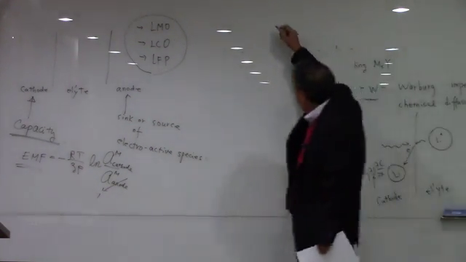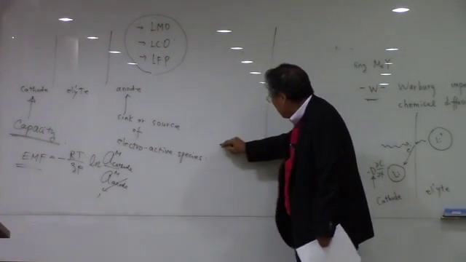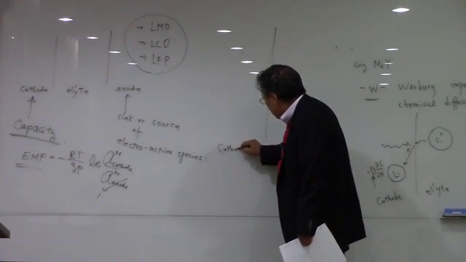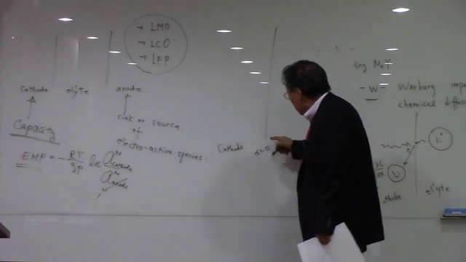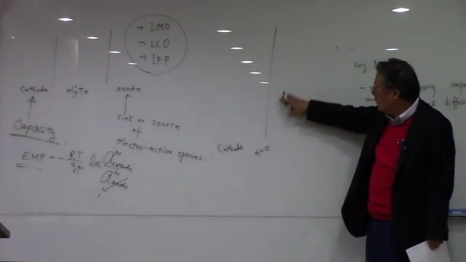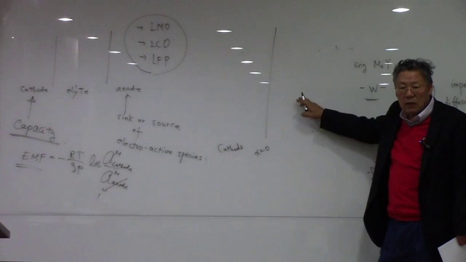Now, this is a cathode, and this is x equal to 0 at the surface, which is in contact with the electrolyte.